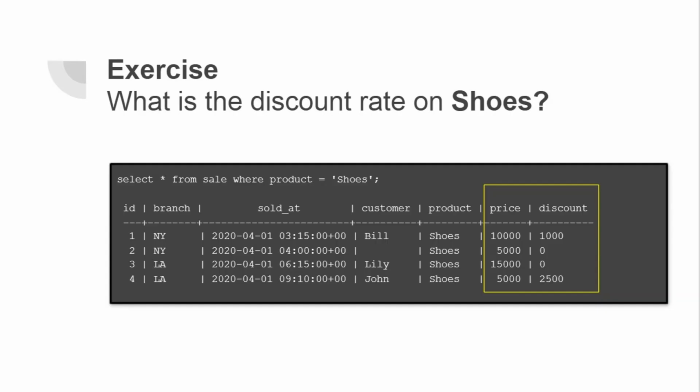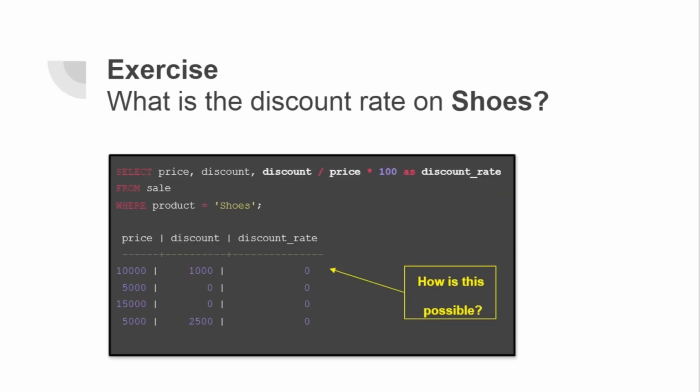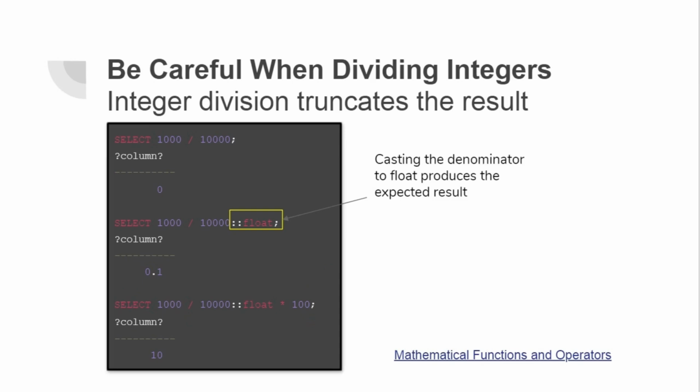Okay, so let's go back to the presentation, and you can see that when we divided two integers together, we got a truncated result, which is integer. Great. I see some people got 0. That's great. Exactly as I anticipated. So if we want to get a float, we need to cast one of the sides to float. In this case, we cast the denominator to float. So you can see that 10 divided by 100 gives you 0.